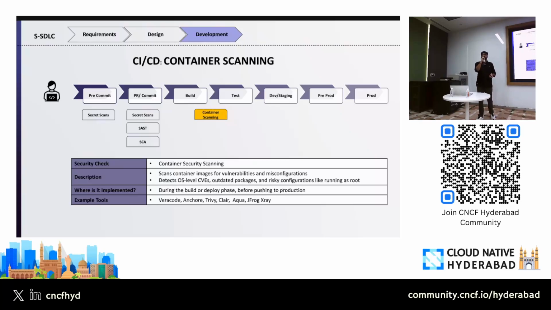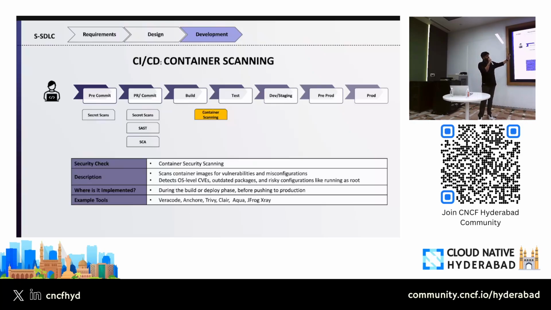It will scan your containers and identify the issues in your container OS libraries, as well as the configurations in the container. In the container images, configurations are very important, like how you are configuring from base OS to the running OS. All these configurations and issues related to container images, it will help you identify.